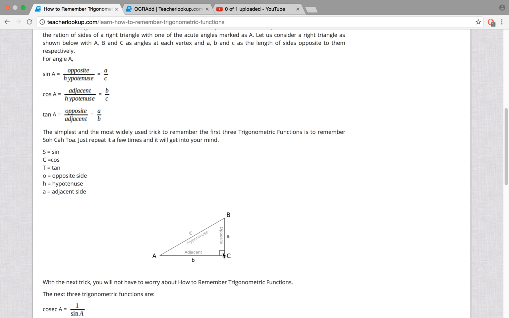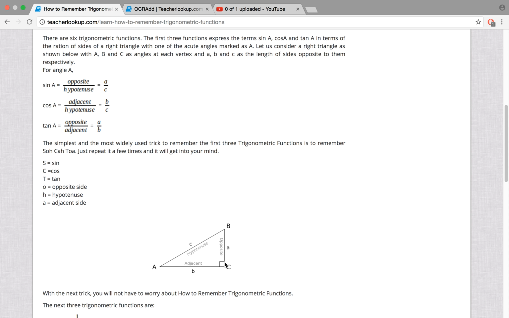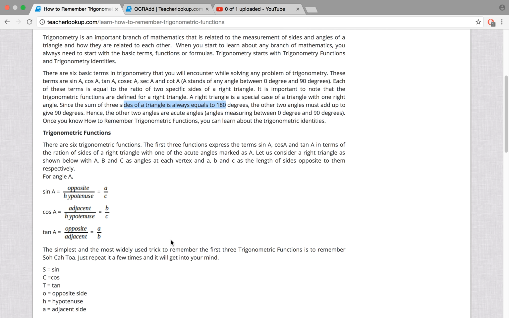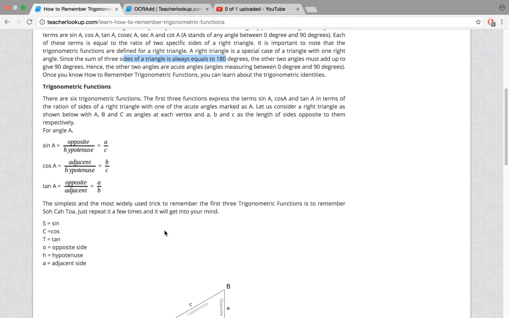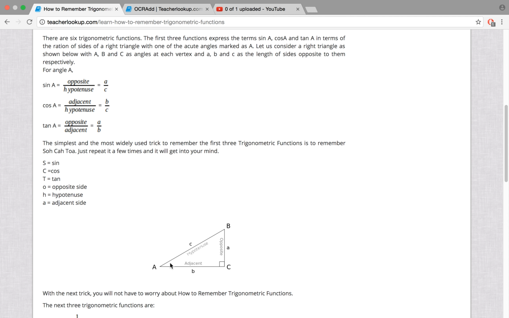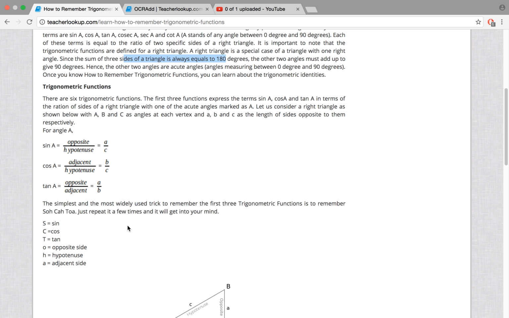We know that 180 divided by 2 is 90. So we already have a right angle, which means it's 90 degrees. These two must add up to 90 degrees as well to give us a sum of 180 degrees. All right. So these two angles essentially are less than 90 degrees.